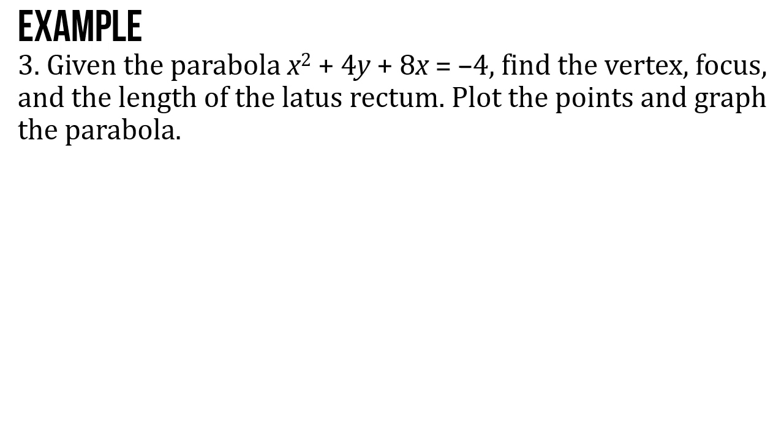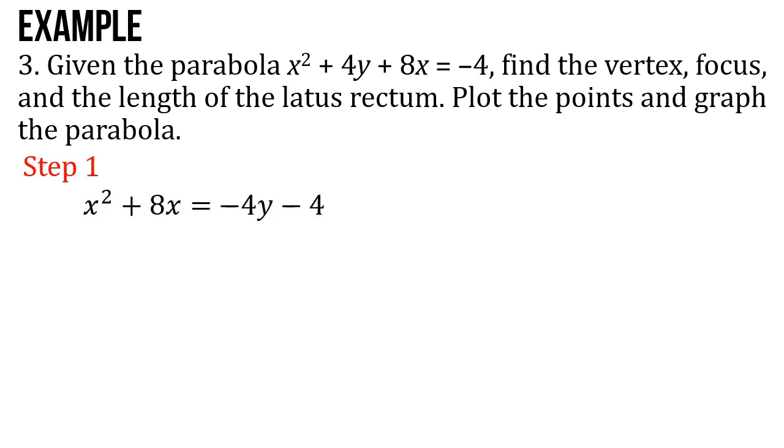Example number 3. Given the parabola x squared plus 4y plus 8x equals negative 4, find the vertex, focus, and the length of the latus rectum. Plot the points and graph the parabola. As you can see here, the equation is given in general form.